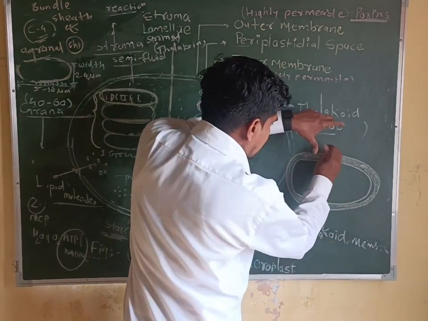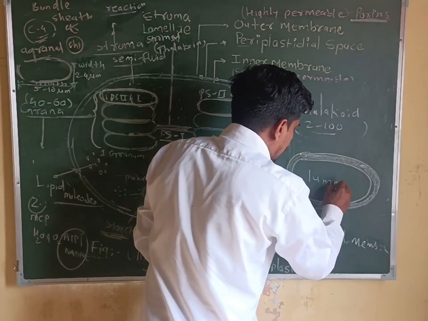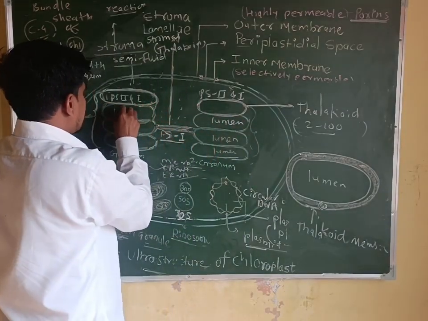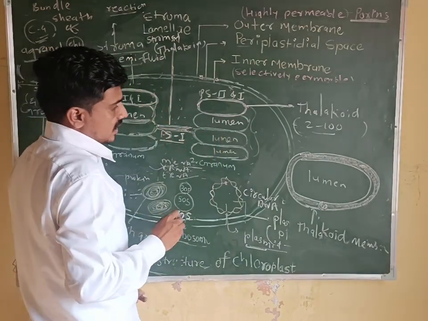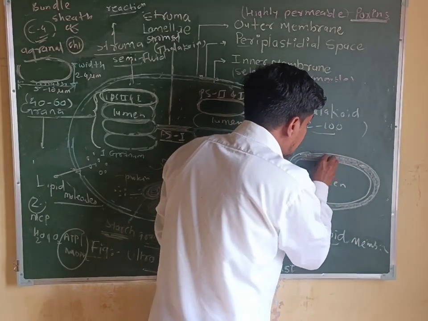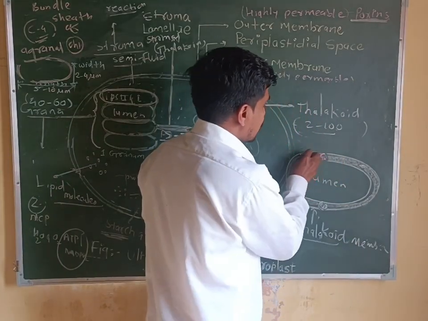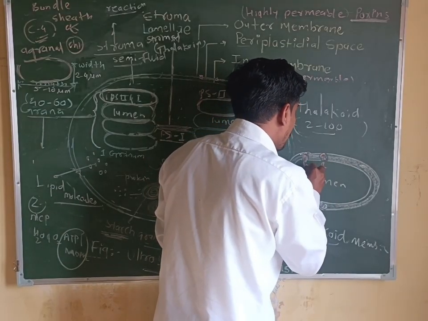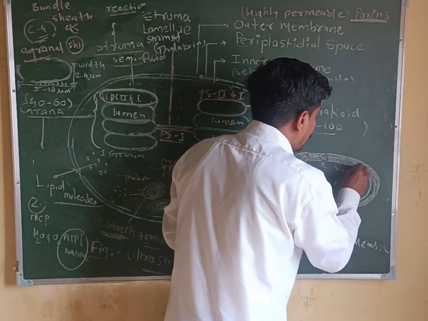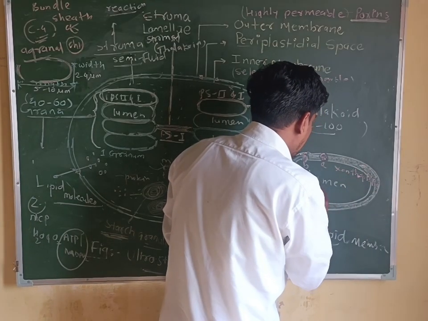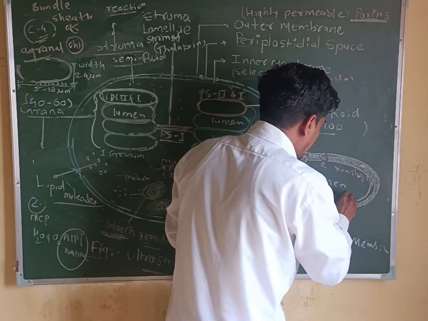The space inside the thylakoid membrane is the lumen. Here is the lumen space. On the thylakoid membrane, essential chlorophyll pigments are present: pigments like chlorophyll A, chlorophyll B, xanthophyll, and carotene.